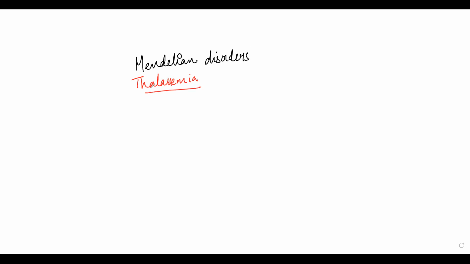So, children, before I enter into the disease thalassemia, let me first give you the picture of hemoglobin. What are the types of hemoglobins that are found? Okay, types of hemoglobin. Generally, we find the hemoglobins as hemoglobin F type.